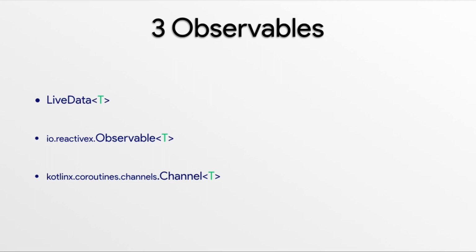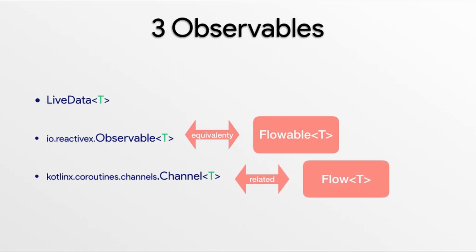You might also see me mention Flowable, which is equivalent-ish to observable. There are some subtle distinctions, but I might use them interchangeably for the purposes of this talk. Flowable as well as Flow have similar purposes. I'll get to that later.